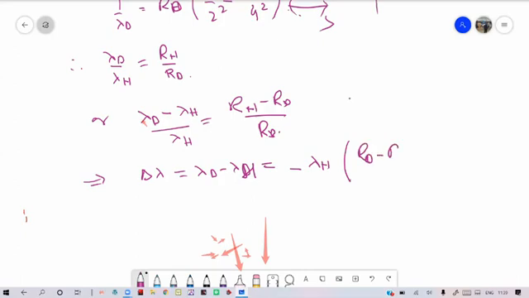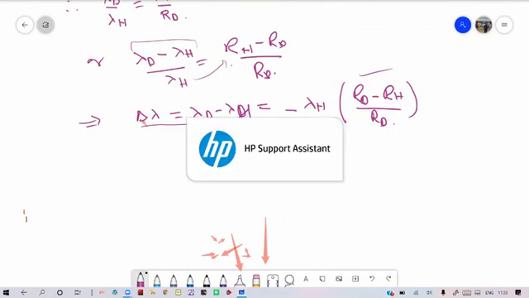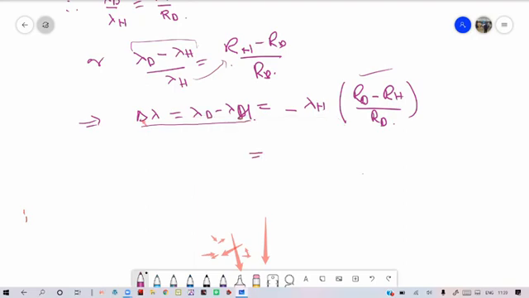I have rearranged the terms only. This is delta lambda. This lambda H goes to here, and take this minus common, it becomes RD minus RH. So it is minus lambda H. This is the wavelength for the Balmer series of the hydrogen atom, the H beta line of the Balmer series.